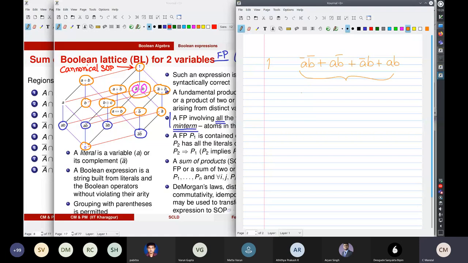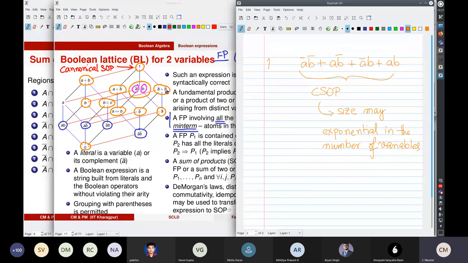Your canonical sum of products, I'm just calling it CSOP, the size is maybe exponential in the number of variables.